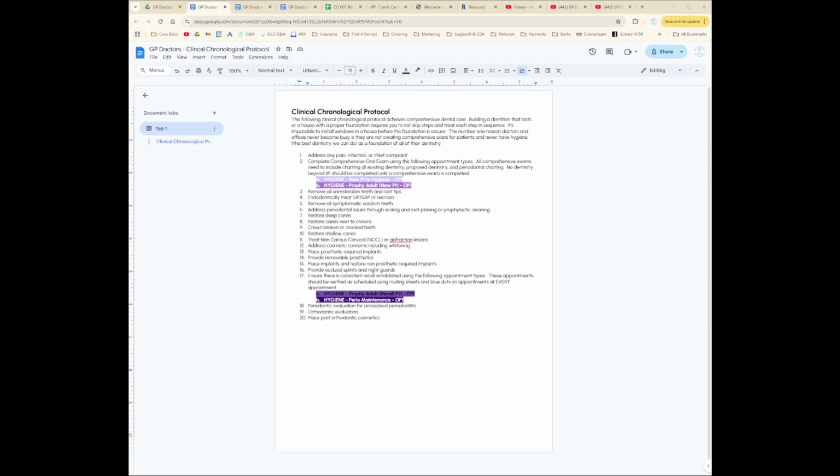So it's really important that we follow these sequences. We don't violate the chronological protocol, which I see a lot happening with younger dentists or dentists who are thinking more about short-term production versus long-term comprehensive patients.